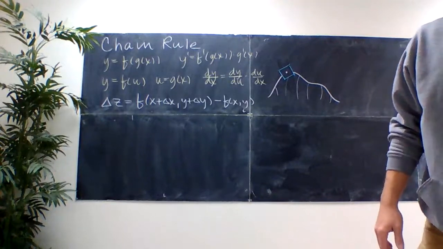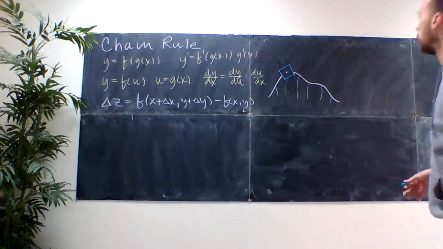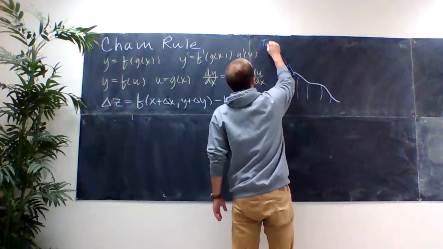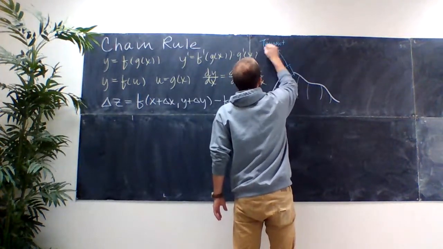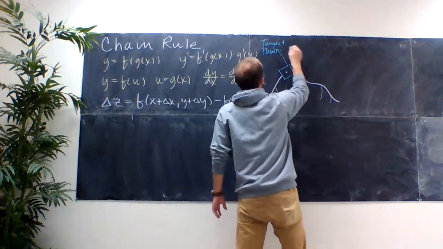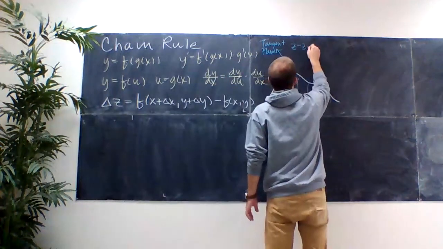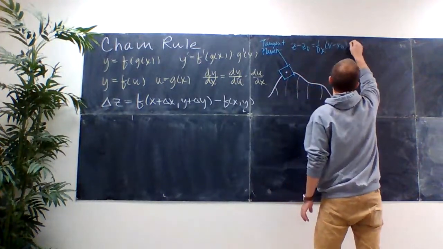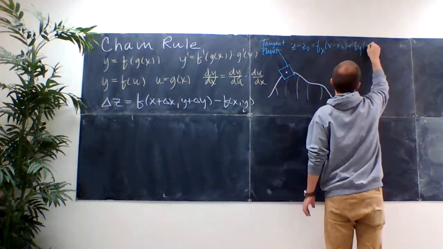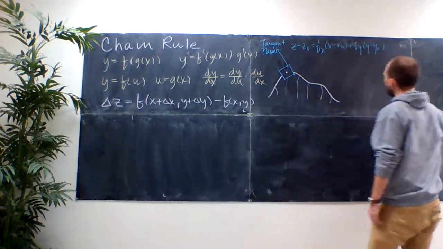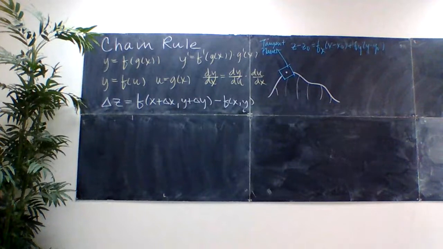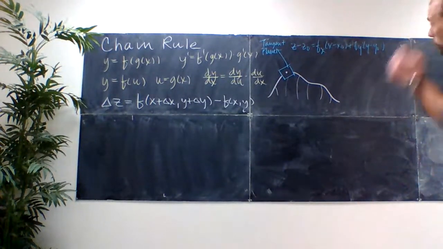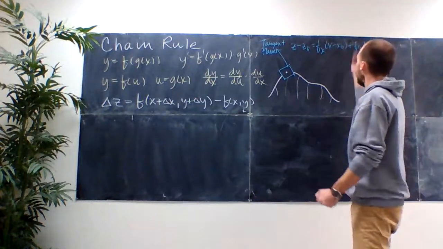And what I'm going to remind you of from last time is the equation of this tangent plane: z minus z0 is equal to fx times (x minus x0) plus fy times (y minus y0), where (x0, y0, z0) is the point of tangency. Near the point of tangency, we can approximate f with this.